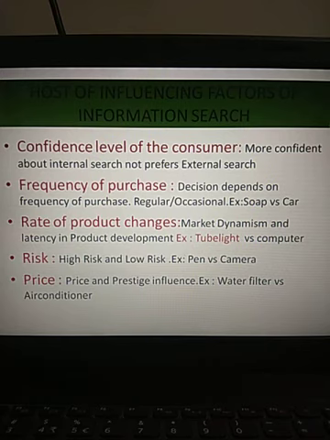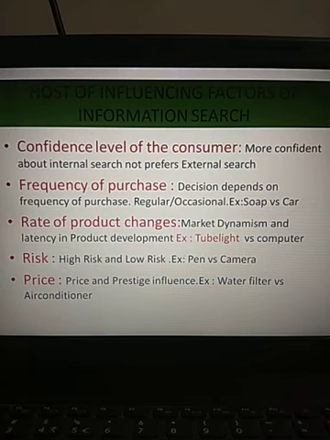Risk: high risk and low risk. Don't assume risk means only life-threatening here; it is in terms of money also. Pen versus camera. A camera is obviously a costly product. Without appropriate research, if anybody purchases a camera, it is a huge investment and he may face problems. But as far as a pen is concerned, that much extensive information gathering is not required.